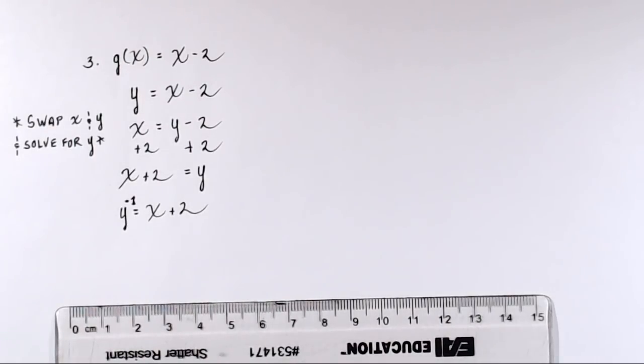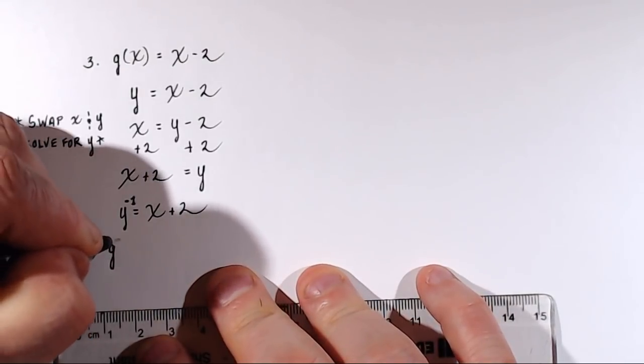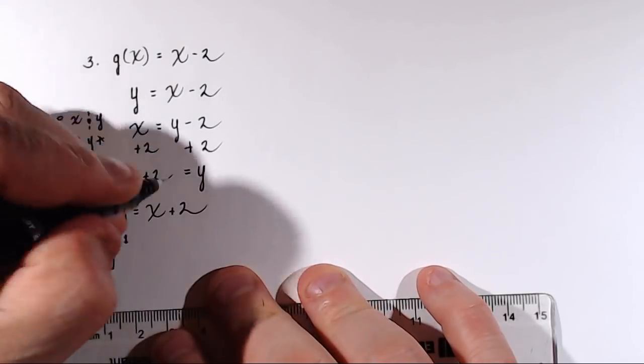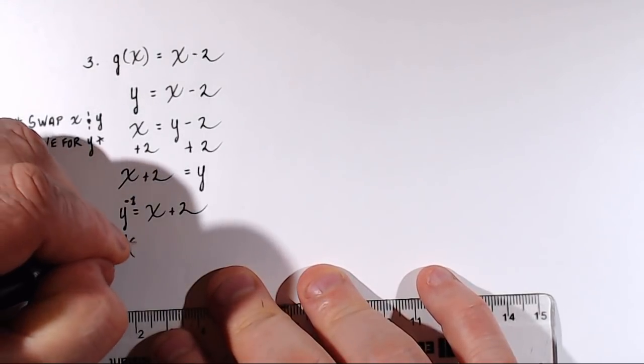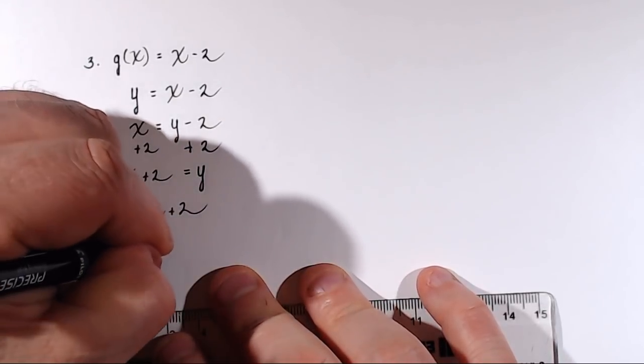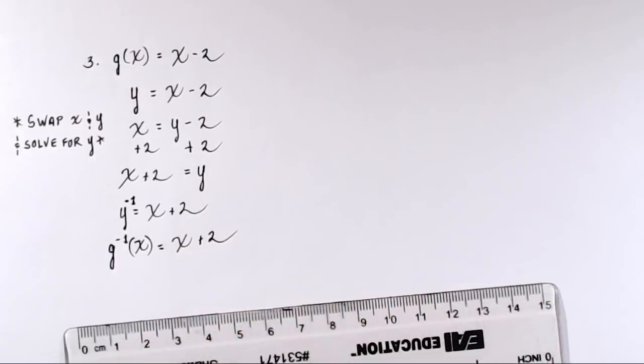If you want to put this y back into function terms, you'll write g with a negative 1 exponent, open parentheses, x. So g inverse of x equals x plus 2. And now you've done it.